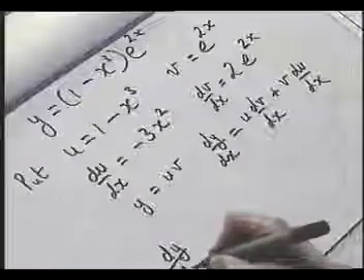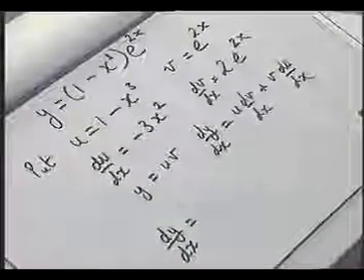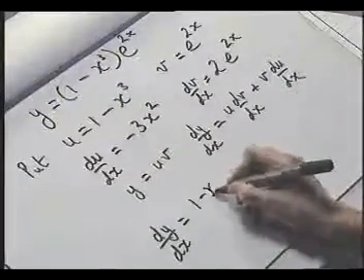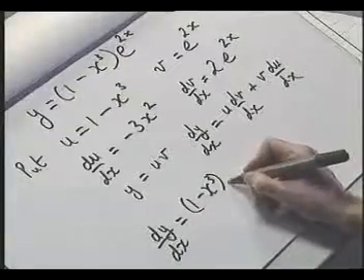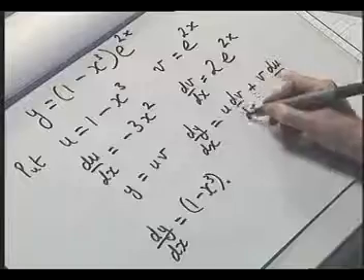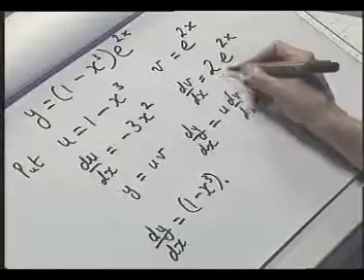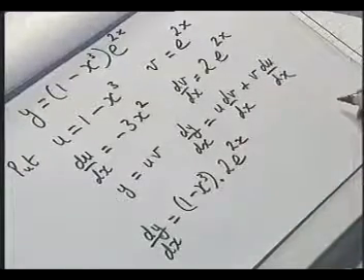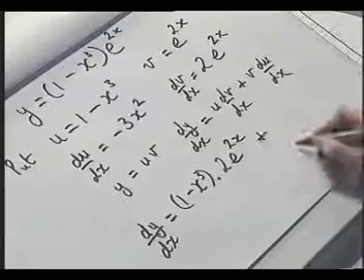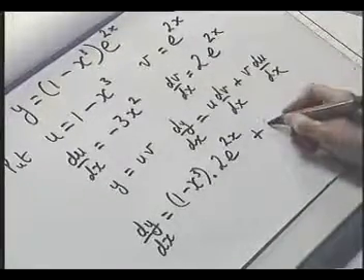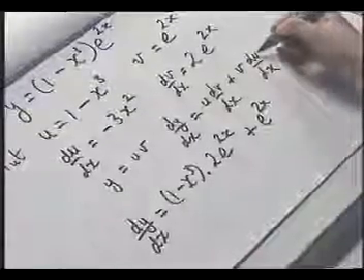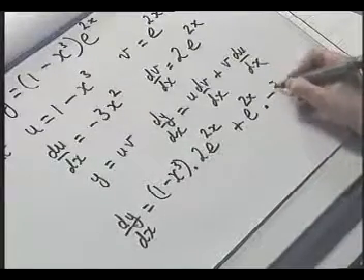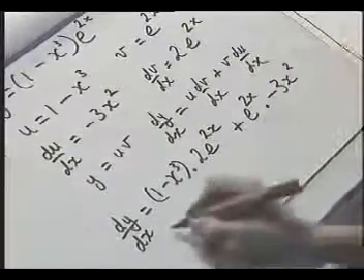Dy by dx is equal to u to begin with, that's 1 minus x cubed, times, and we want the derivative of v, dv by dx, so that's here, 2 times e to the power 2x, plus, and now we want v, that's e to the 2x, and now we want du by dx, and that's minus 3x squared. So that's times minus 3x squared.